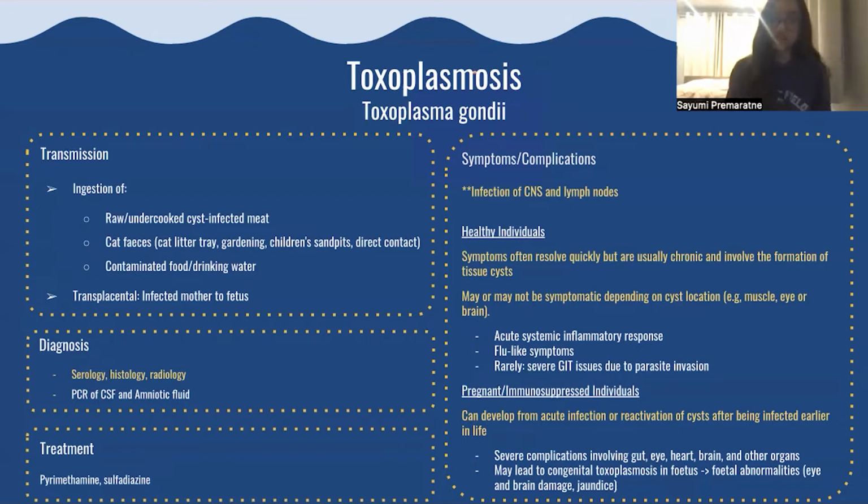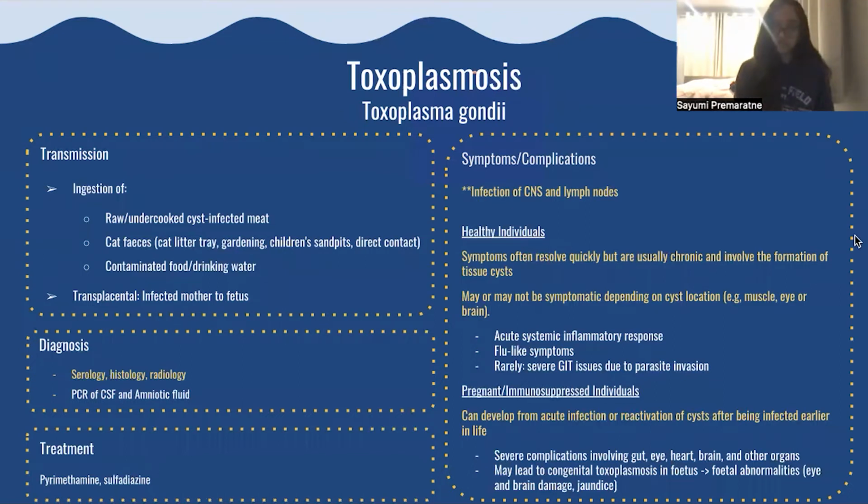So they could be quite serious symptoms, or they could affect you quite a lot if those cysts are in your eye or your brain. So you could get things like an acute systemic inflammatory response, flu-like symptoms, and if it invades your GIT, you can get some GIT issues.